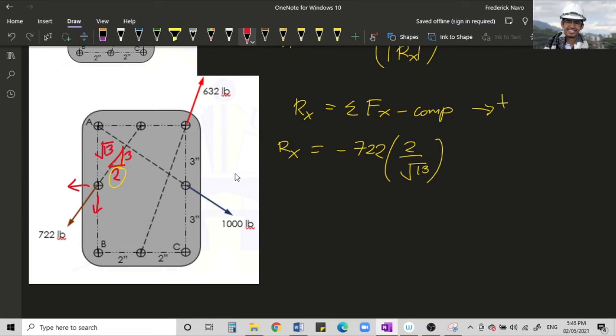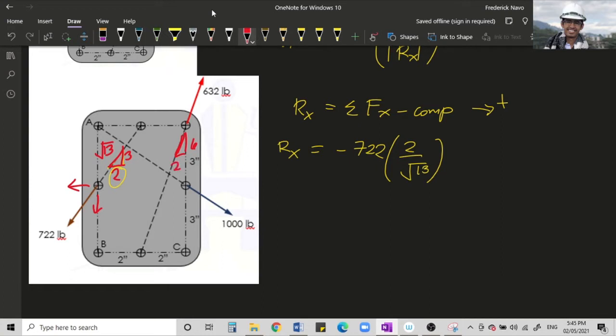So next is for the 632 pounds. So kunin natin yung slope niya. So yung slope natin dito, along the y axis, is 3. So this is 6. And dito, this is 2 inch. Okay.